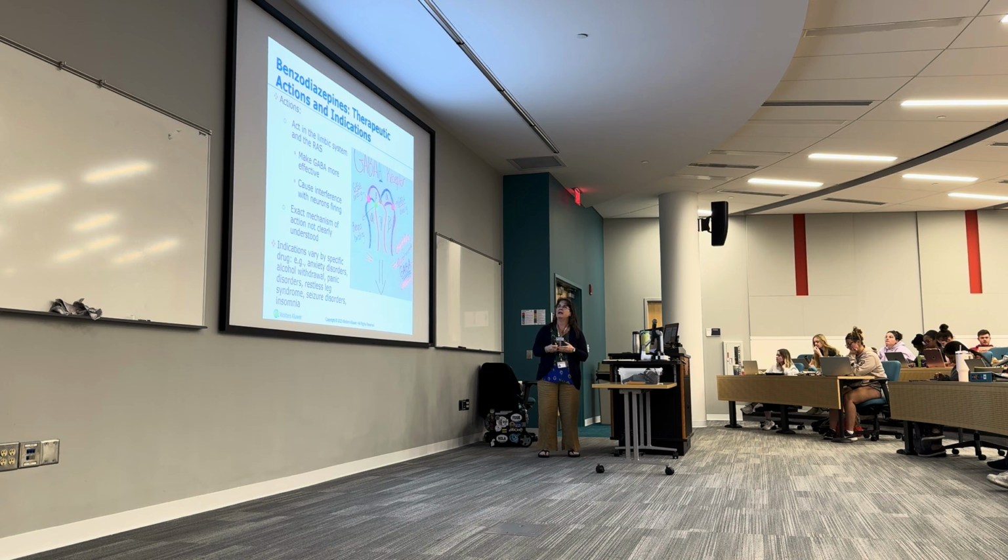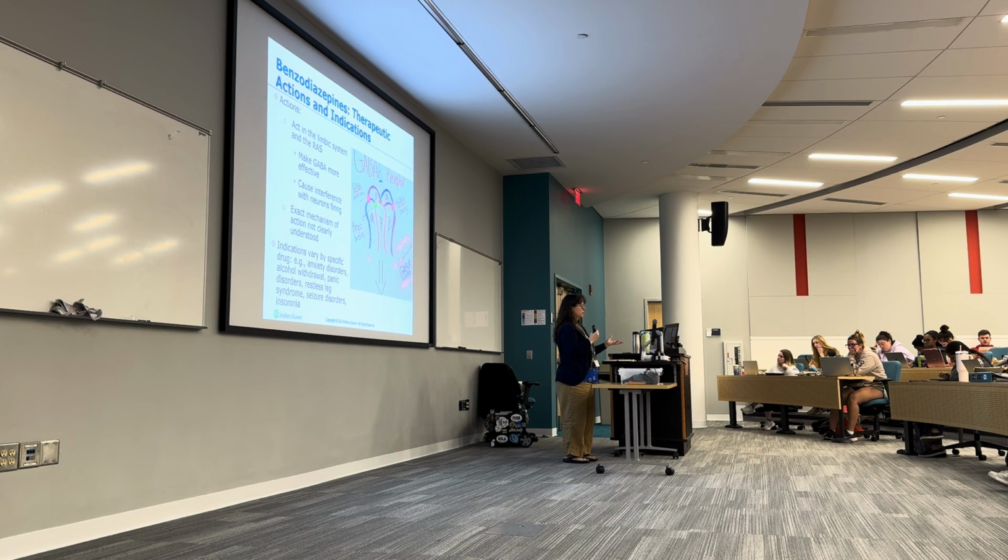So these meds make GABA, remember we talked about GABA, more effective. So it inhibits those excitatory neurons. We can give this for anxiety, but if it inhibits excitatory neurons, what else could we give it for? What other disorder?